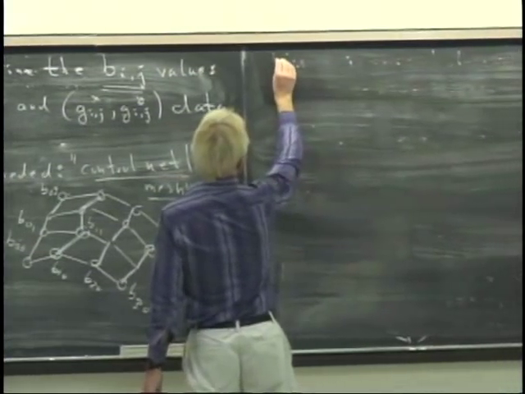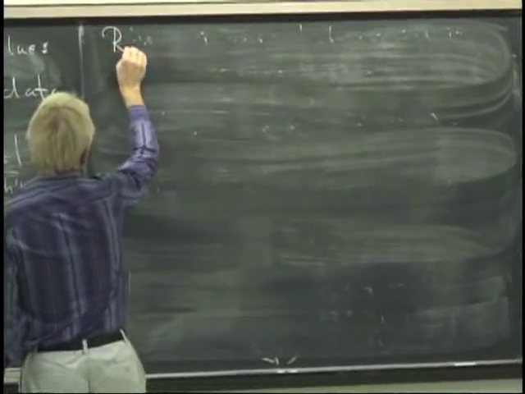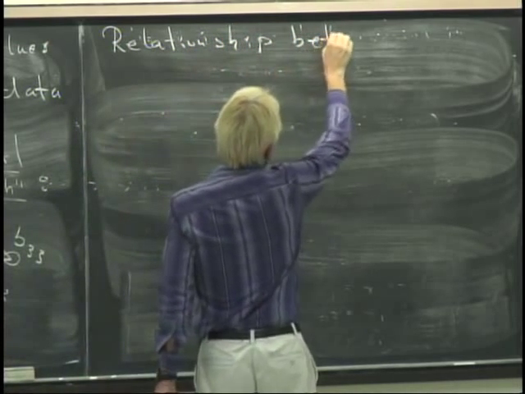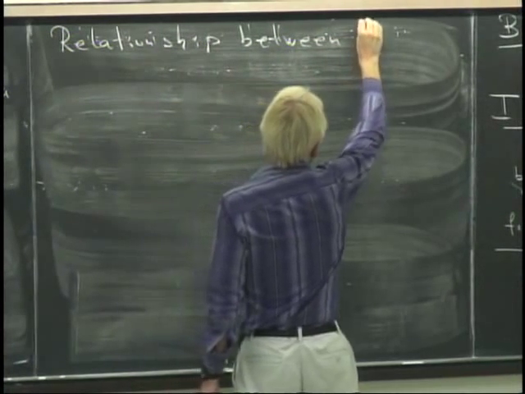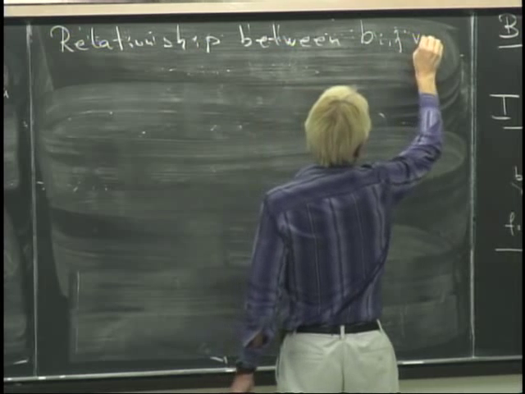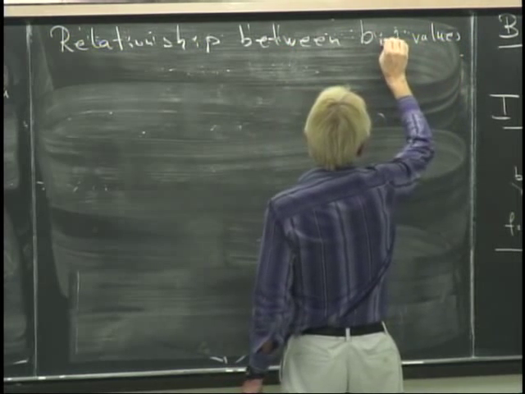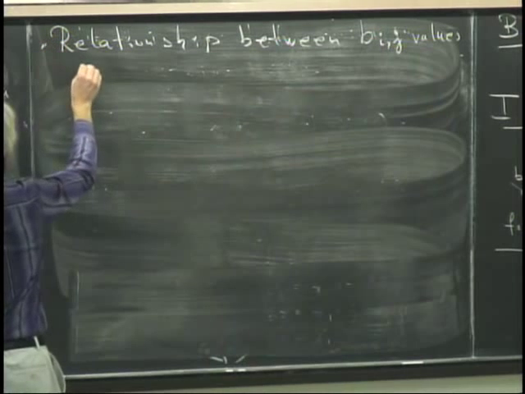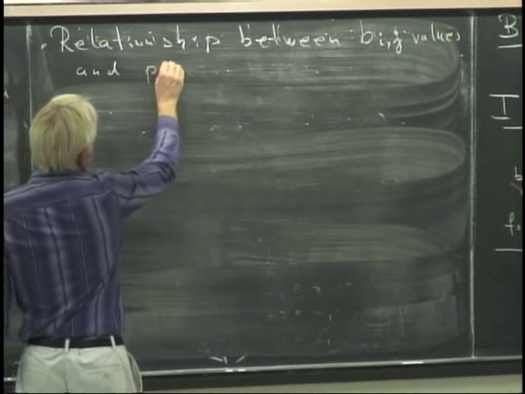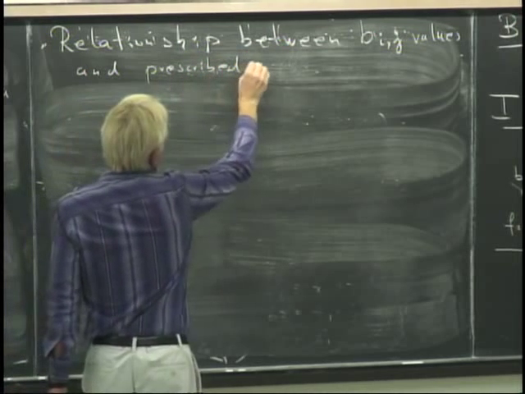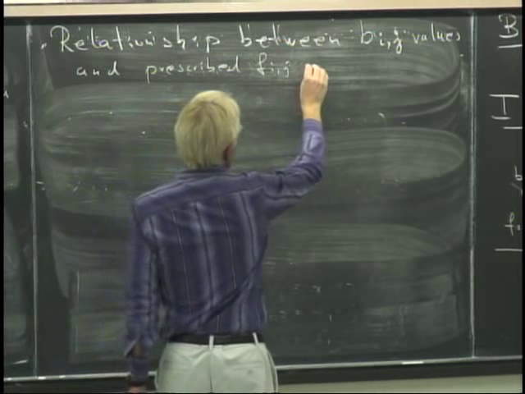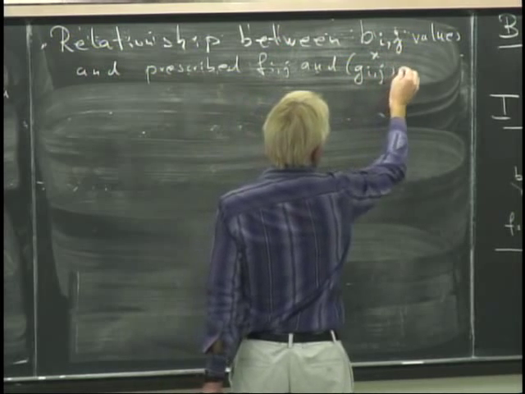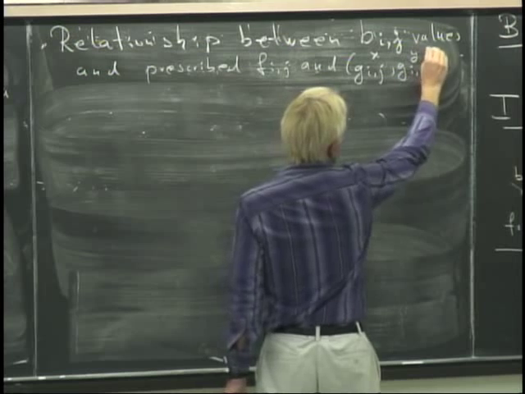Okay. The relationship between the Bij values and the prescribed Fij and gradient data, Gij x, Gij y data.